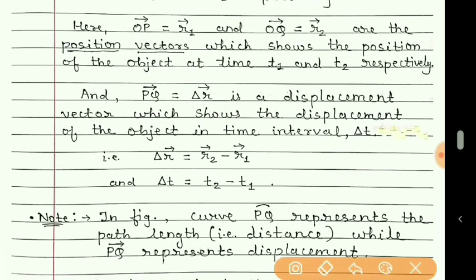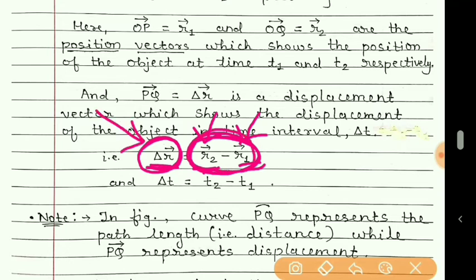Now if we want to express this delta r in terms of position vectors, then this displacement vector delta r is nothing but the final position minus initial position, but final position is represented as vector r2 and initial position is represented as vector r1. So the difference of these two position vectors gives us the displacement of an object.